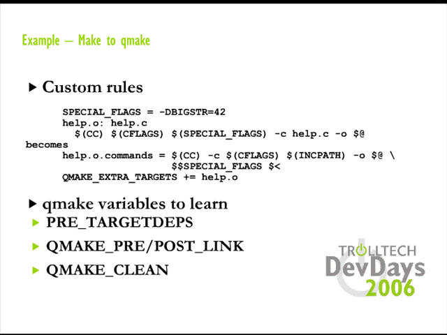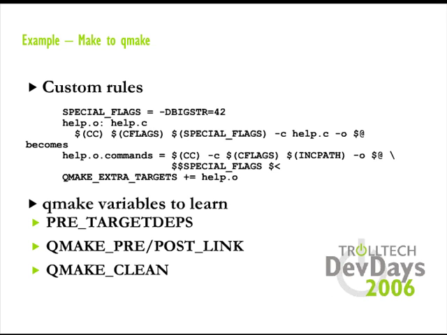Certainly the make to QMake transition should be easy, but many make files do a few things that aren't covered in the basic QMake tutorials. One of the big ones is custom rules. Make files constantly have custom rules. Let's say you've got a state machine and your own state machine compiler. You've got this text file that does something and then generates a piece of C. Well, how do you do that in QMake?